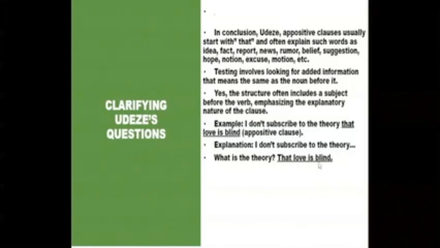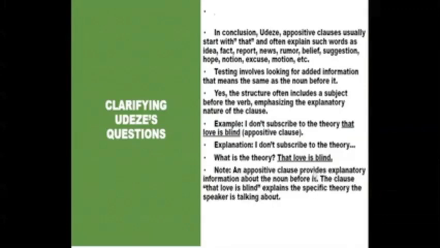And if this provides the answer, then it is an appositive clause. I don't subscribe to the theory. And the listener asks, what is the theory? Or what is the theory that you don't subscribe to? That love is blind. So this makes it an appositive clause.